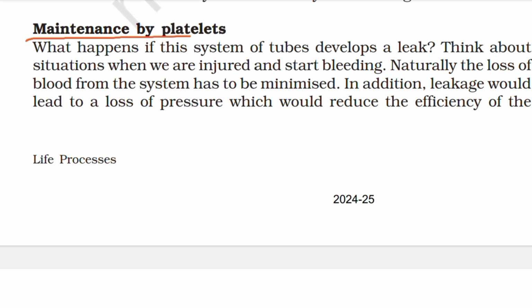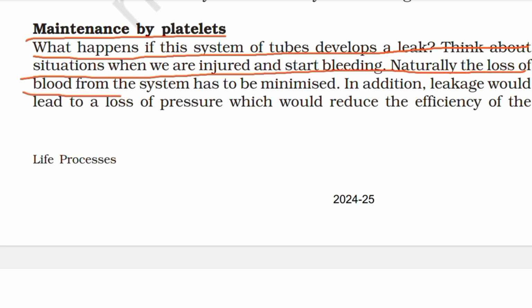Maintenance by platelets. What happens if this system of tubes develops a leak? Think about a situation when we are injured and start bleeding. Naturally, the loss of blood from the system has to be minimized.